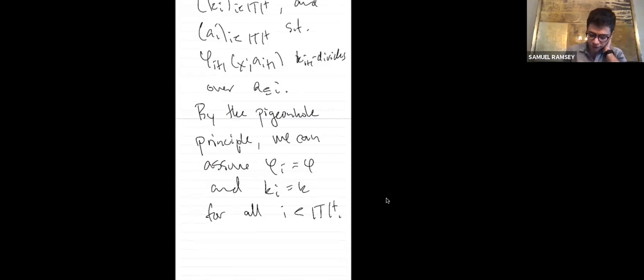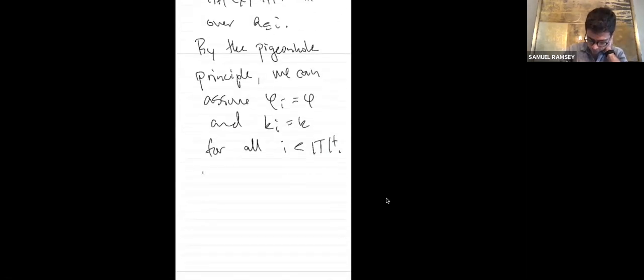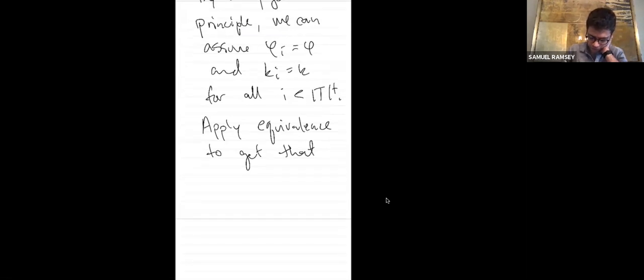All right, so if you do that, then you apply the equivalence to get that phi has the k-tree property, and that implies t is not simple.